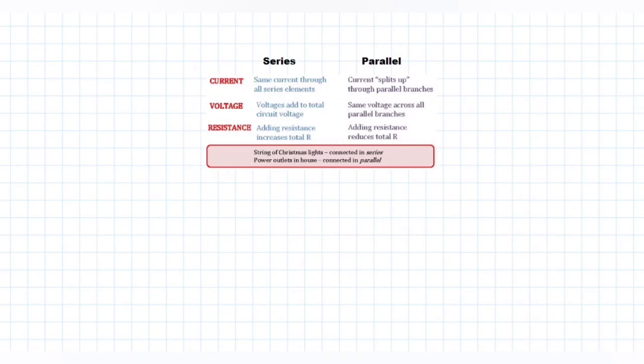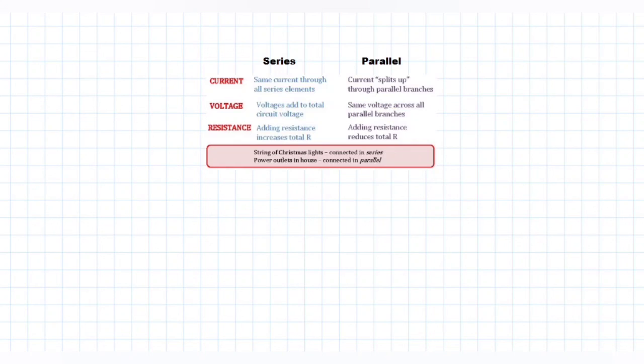So this is the conclusion of this lecture. In series combination, the current will be the same across all the resistors, and in parallel the currents will split up. With respect to voltage, in series combination the voltage will add up to the circuit voltage, but in parallel there is the same voltage across all parallel branches.